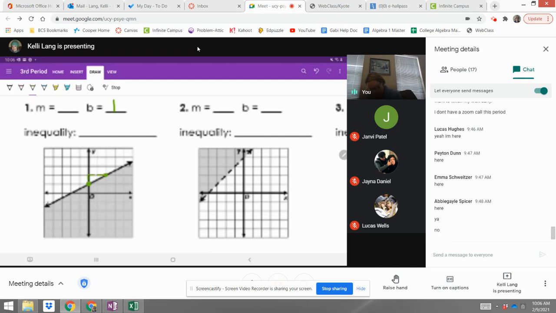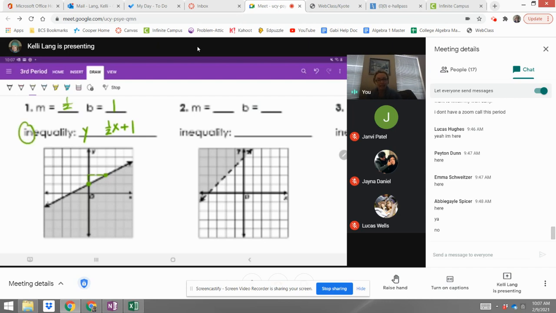So our rise over run would be +1 over 2, making our slope 1/2. That means if we were to write this in mx plus b form, we would write y equals 1/2 x plus 1. But notice I didn't put the equal sign. That's because we're trying to find an inequality, not an equality.